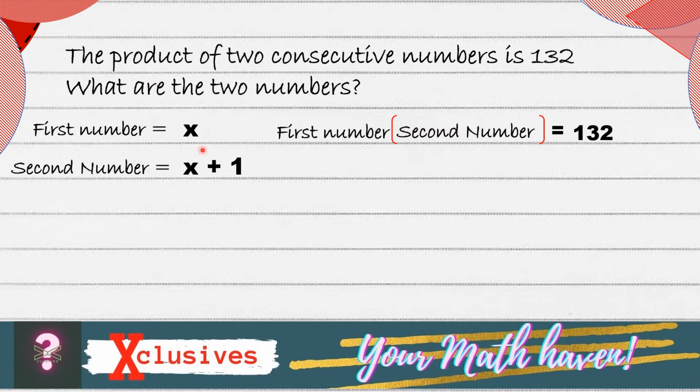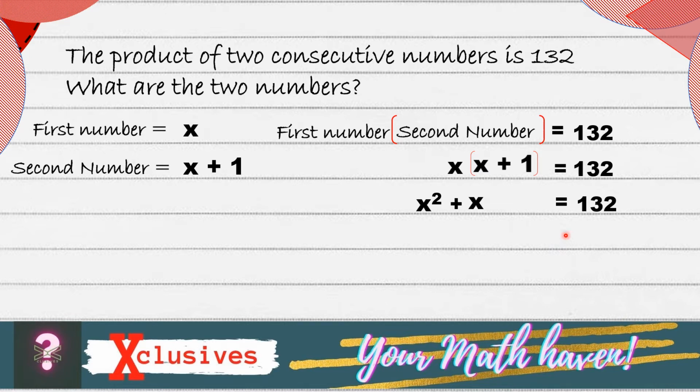Let us substitute their values: x multiplied by x plus 1 is equal to 132. Now let us do the distributive property on the left side. x times x is x squared, x times 1 is x, equal to 132.